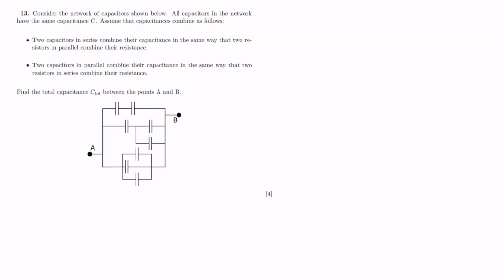Okay, next one, we've got a network of capacitors shown. All capacitors in the network have the same capacitance. Assume that the capacitances combine as follows. Let me write this down for your notes: if two capacitors are in parallel, then C total is equal to C1 plus C2.